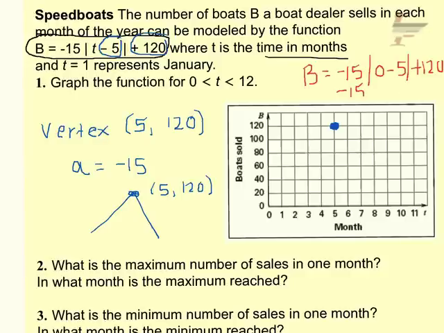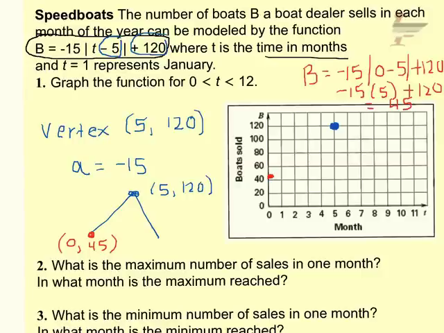So that's going to be negative 15 times 5 plus 120. And negative 15 times 5 is negative 75. Negative 75 plus 120 is 45. So I know that month 0 is going to be at 45. So I could kind of estimate that right there.